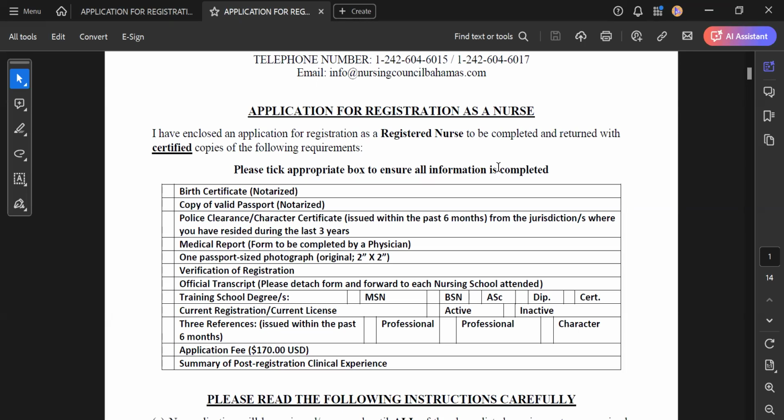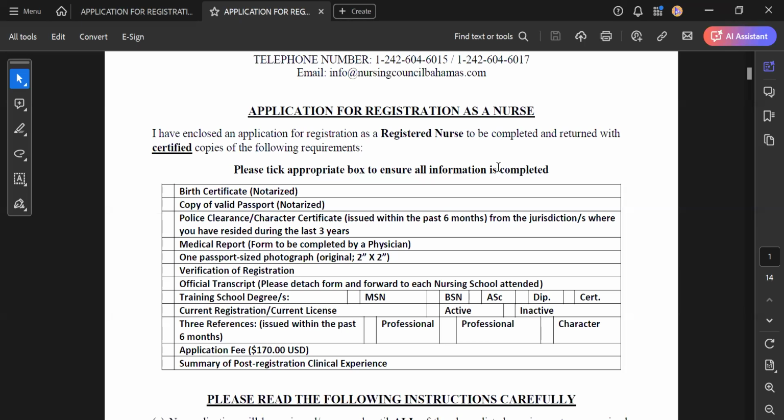And you have the verification of registration. That one is the NMC verification. With that, you just go and pay the fee for the Ghana NMC, which is about 550 or something. You pay that, and you let them know that you are doing foreign verification for the Commonwealth of the Bahamas Nursing Council.